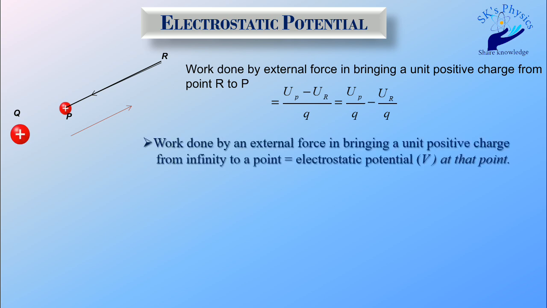Now the work done by an external force in bringing a unit positive charge from infinity to a point is the electric potential at that point. So V is equal to U by Q, which implies delta V is equal to delta U by Q. So we can write UP by Q as VP and UR by Q as VR. So VP minus VR is the work done.